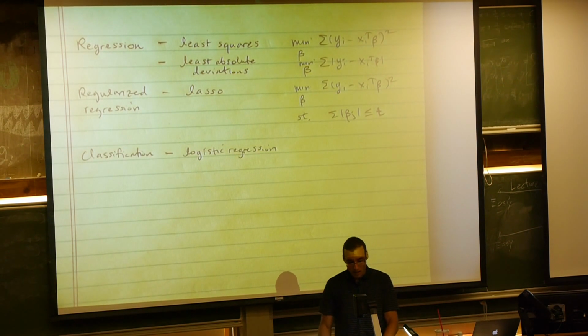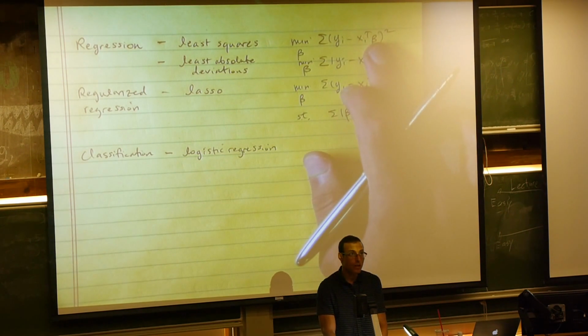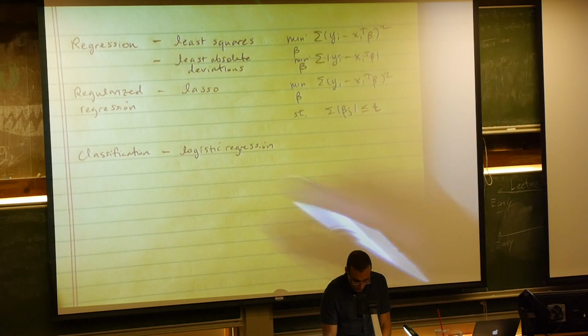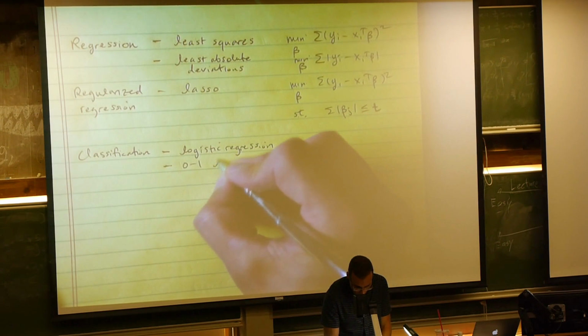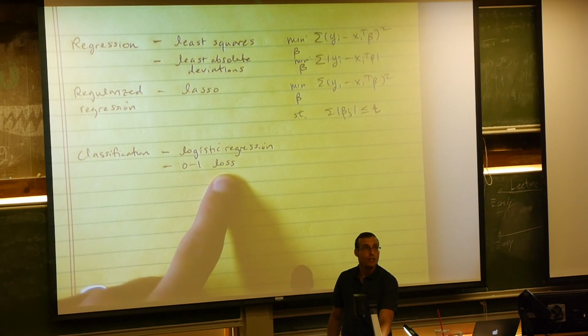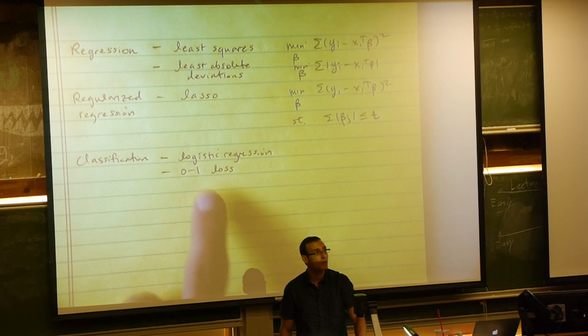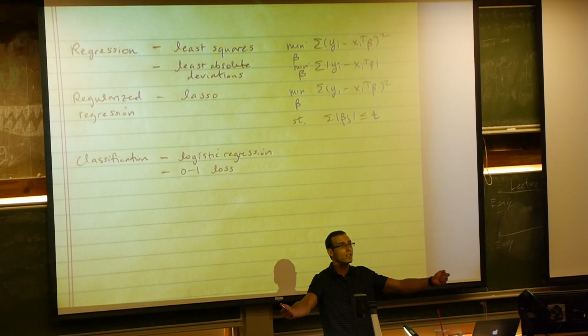We can formulate it in a similar way with what we call logistic loss. There's also the 0-1 loss: if we predicted the class to be 1 and the class was 1, we get no loss. If we predicted 0 and the class was 0, we get no loss. Otherwise, we incur a loss.